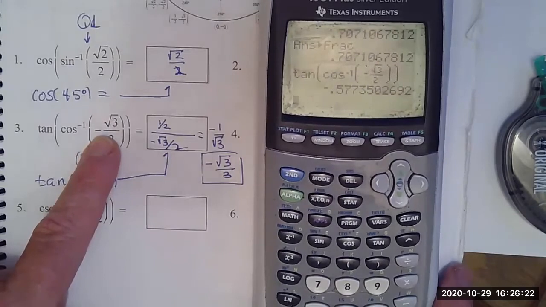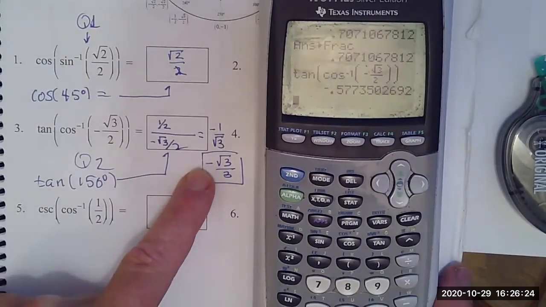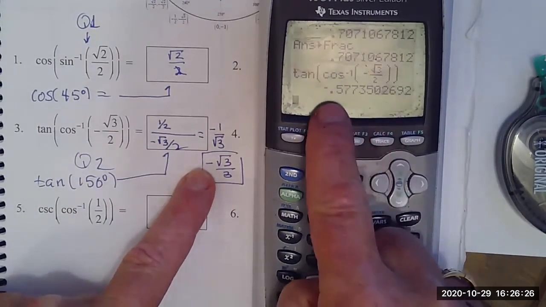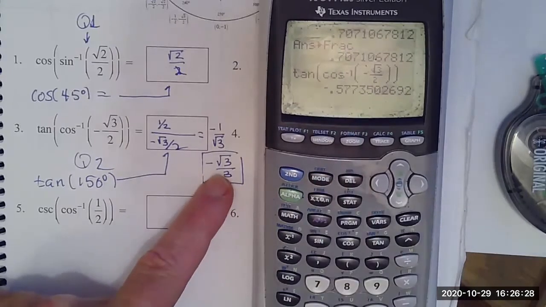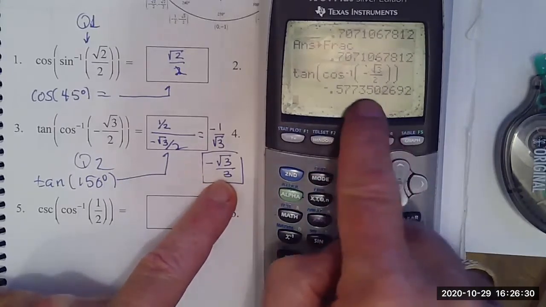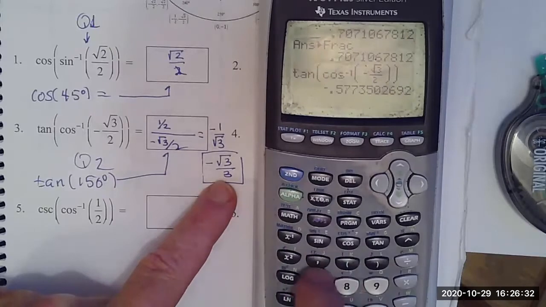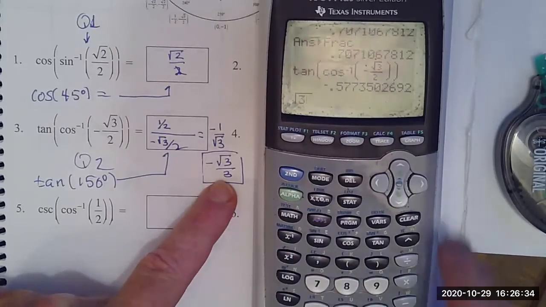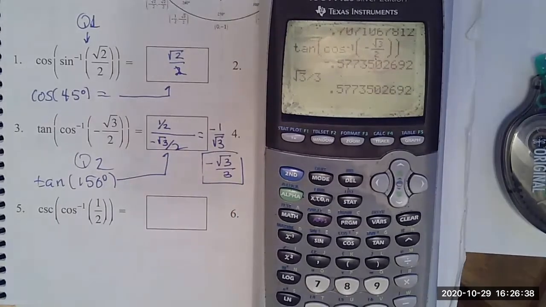Okay, looks good. At least the sign is right. See how that's a negative right there and a negative? Now I just have to see if root 3 over 3 is the same as that decimal. Root 3 divided by 3. Hey, it's the same answer.